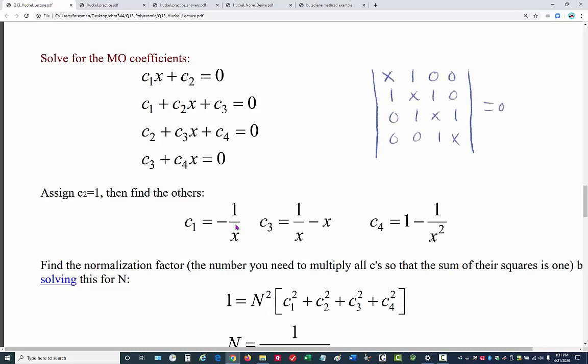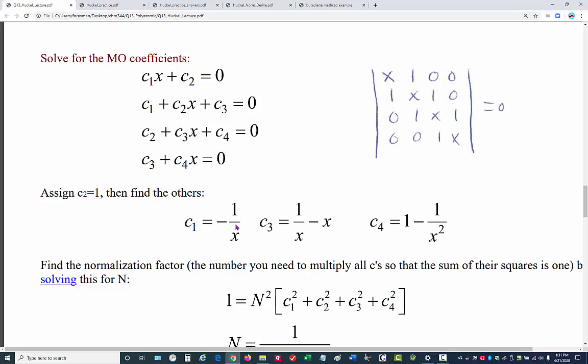So if we look across the first row, x, 1, 0, 0, I can turn that into an equation for the MO coefficients by putting in C1x plus C2, and then there's 0, 0, so there's no C3 or C4. Next row, it'd be C1 plus C2x plus C3 plus 0. And that's what I'm showing here.